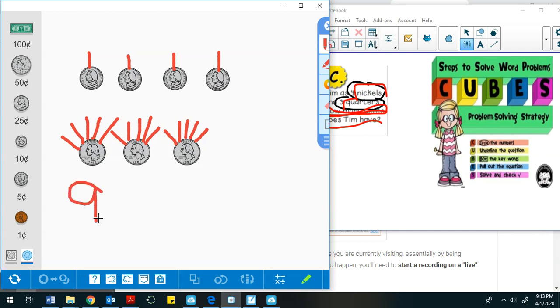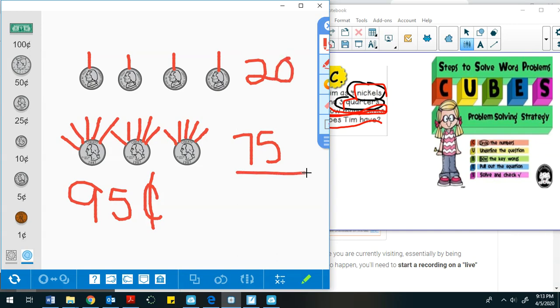So I know that I have 95 cents. And I could check that because 3 quarters is 75, 4 nickels is 20, and if I add them together, I'm going to get 95 cents.